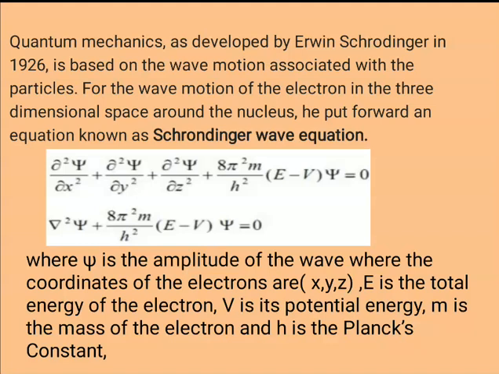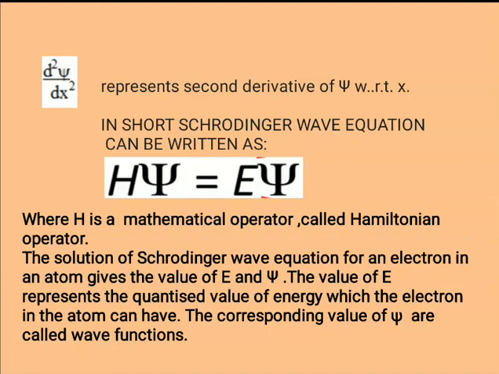After this, the same equation can be written in the form of shorthand notation, and that is Hψ = Eψ, where H is a mathematical operator called Hamiltonian operator.